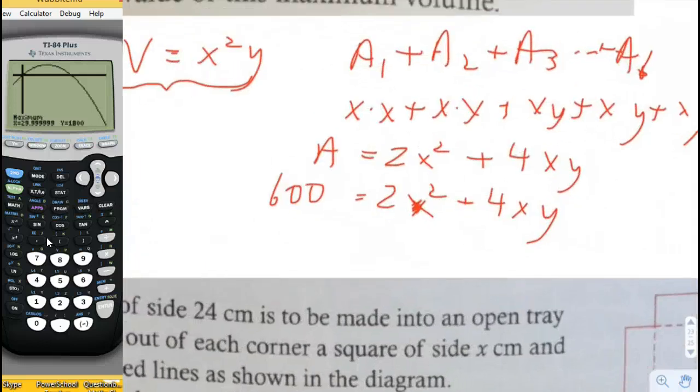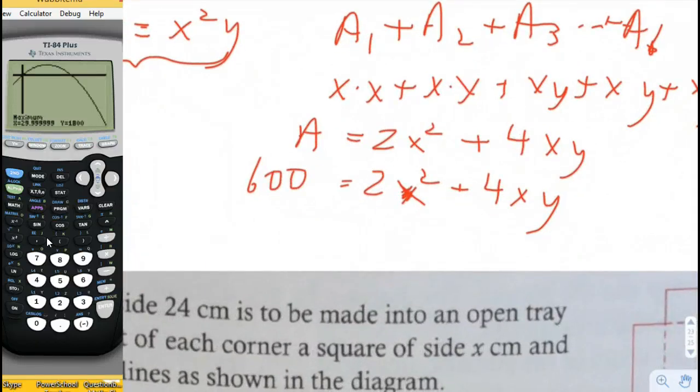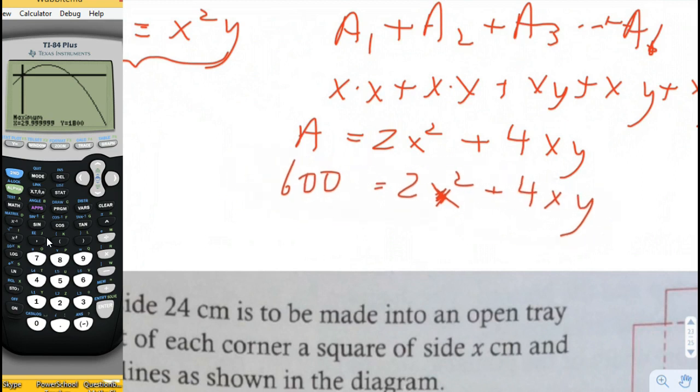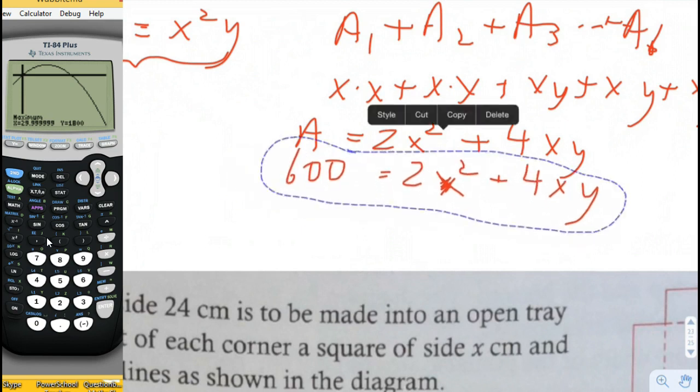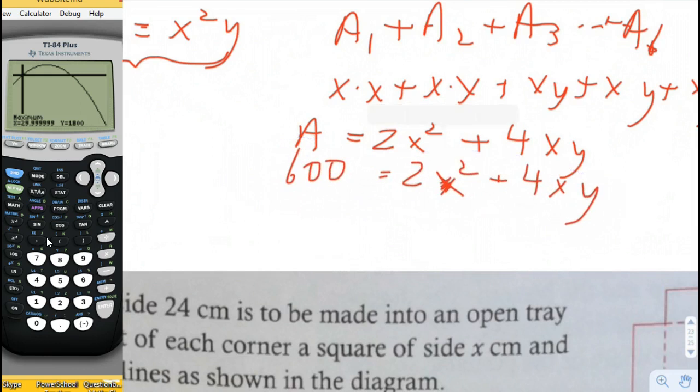And I think that what's going to be easier is y equals something rather than x equals something, because here I'm just going to show you why. If I tried to get x by itself, it's a quadratic. It's kind of messy. But to get y by itself is not so hard.